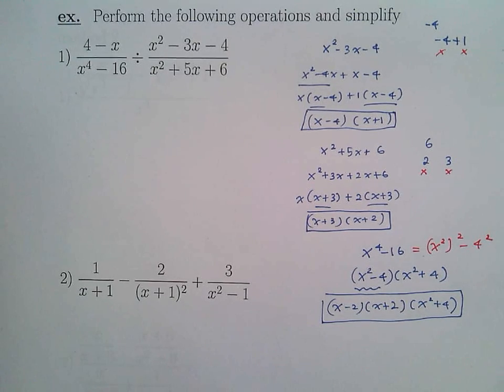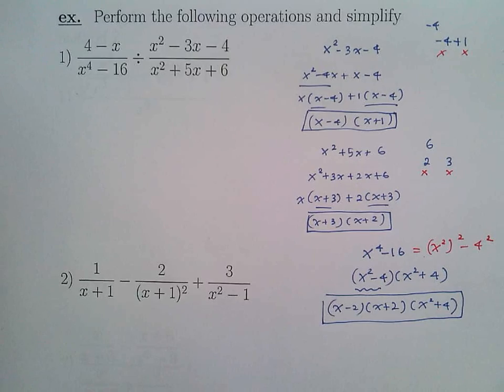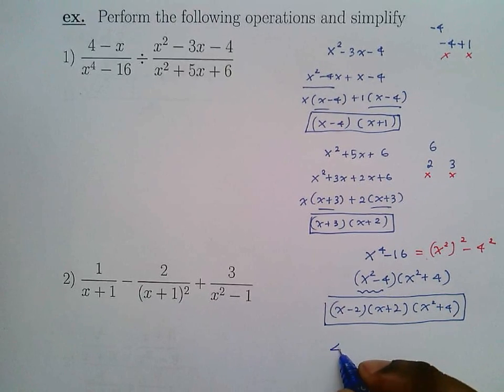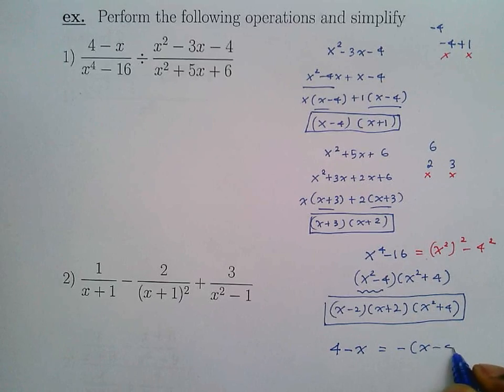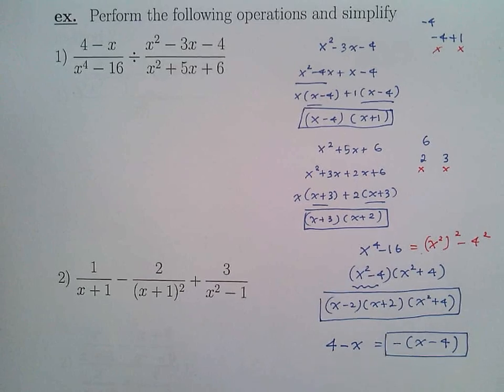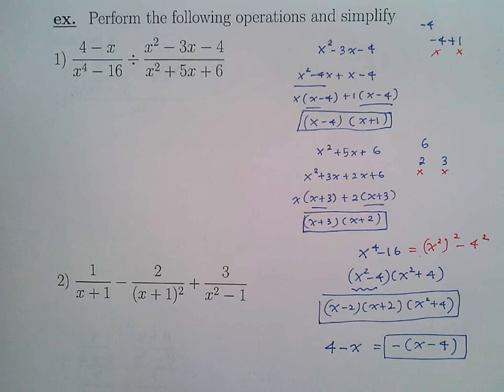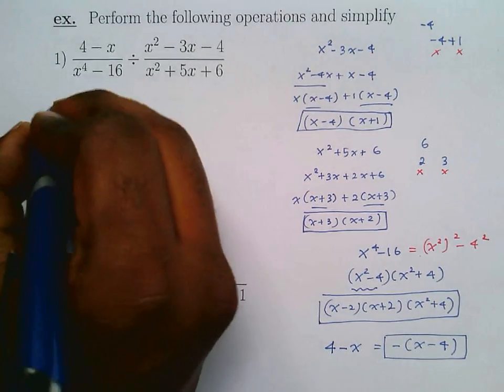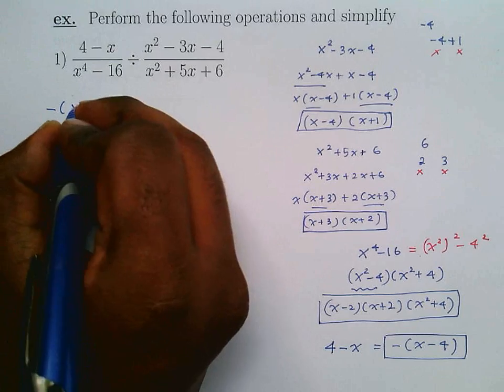Also, I would write 4 minus x as negative of x minus 4. That is something I need to do. I would like to see how things cancel off. Okay, so let's rewrite all the terms and then just do the division. So 4 minus x would be negative x minus 4.